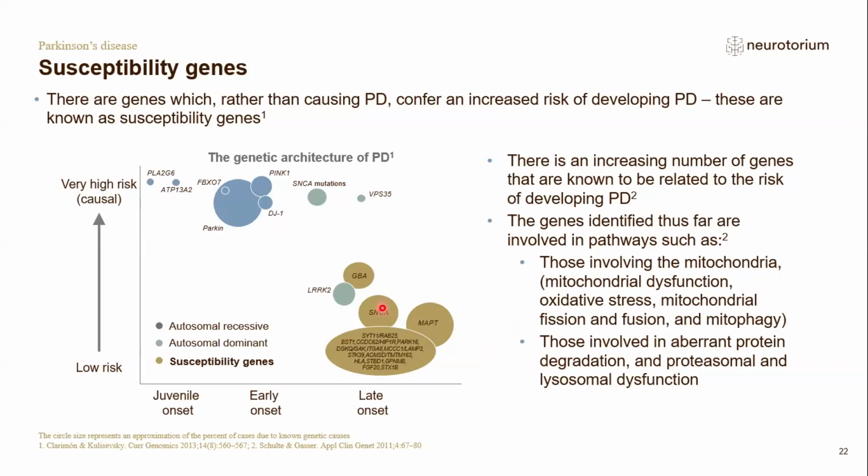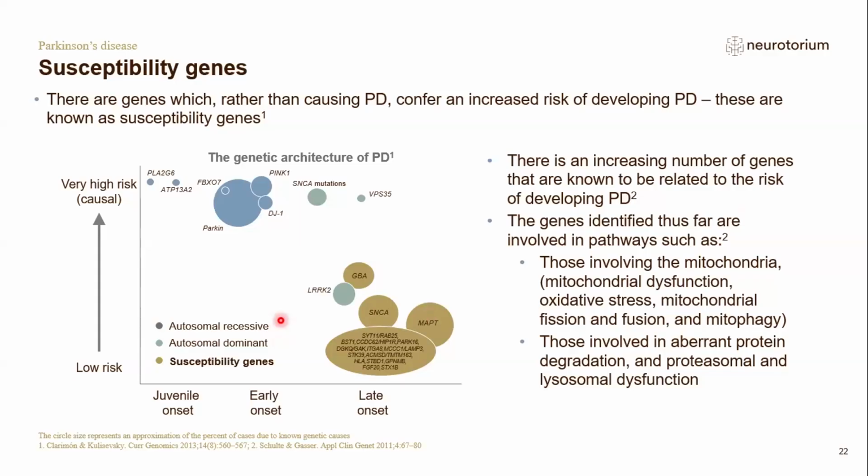And in this case, these ones are just loci within the chromosomes that have been implicated, that if you have most of these loci within the chromosomes and their mutations, your risk is very high of getting Parkinson's disease.